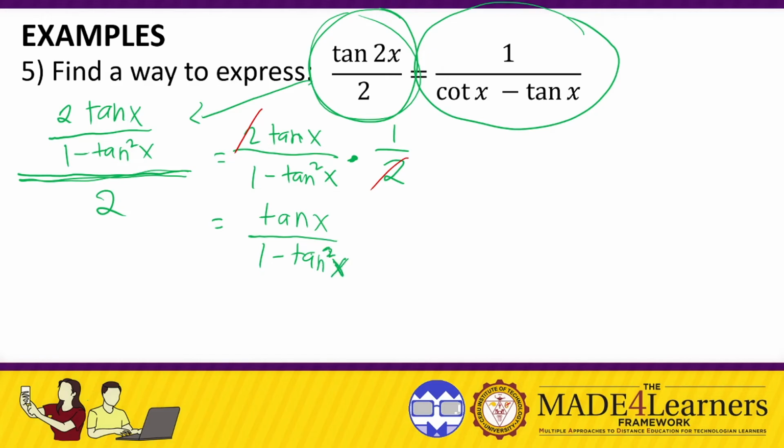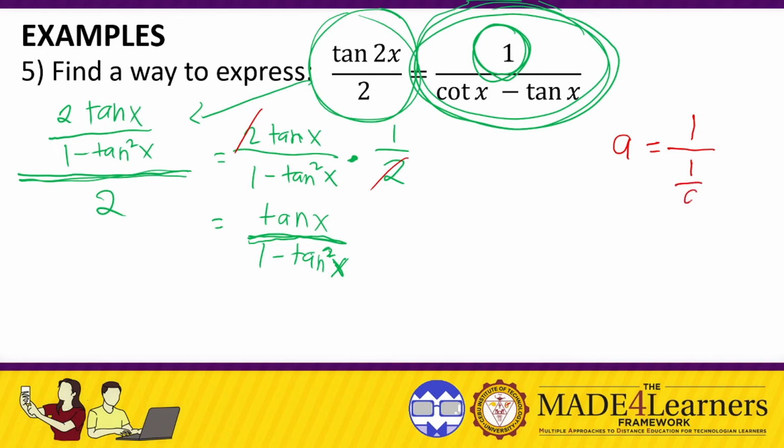Okay, but take note that our goal is to have this here. And observing the goal, we have a numerator equivalent to 1. So for us to have a numerator equivalent to 1, we are going to use concepts in our algebra. Let's review a little bit. Remember that we can actually write A as equivalent to 1 over 1 over A. This is actually true.